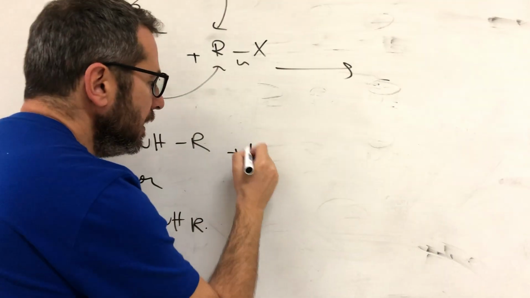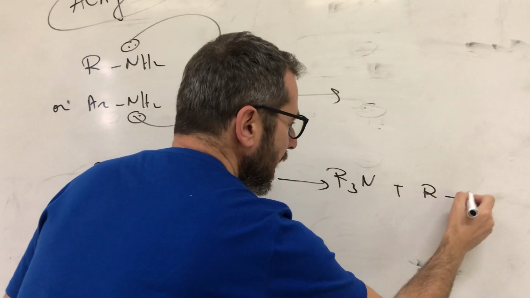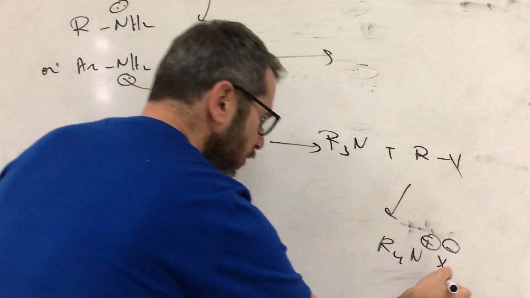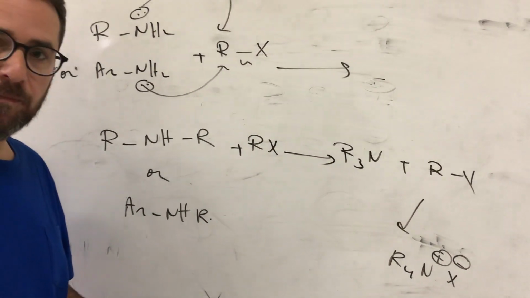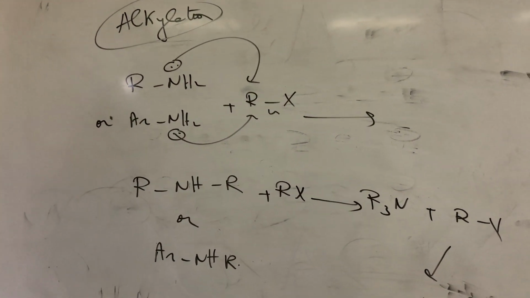You can add another RX and obtain R3N, and another RX gives R4N+ X-, which is the salt. You have examples in your notes, you can read them. So this was reaction 2, alkylation of amine.